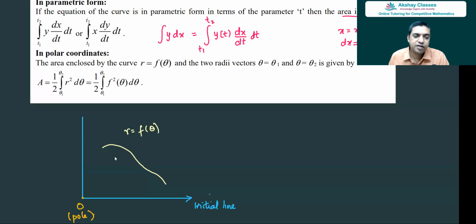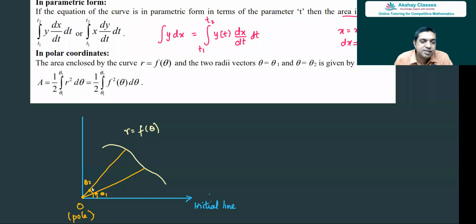Now, I want to find out what is the area bounded by the curve in between, this is theta 1 and this is theta 2. The area bounded by the curve and the rays joining from the pole to the curve.